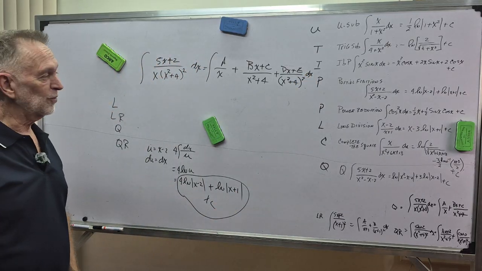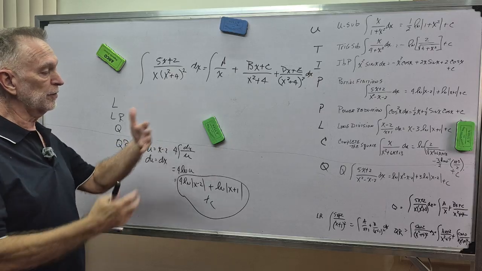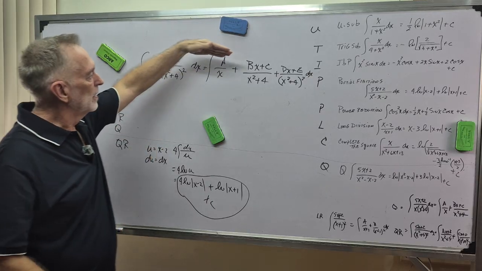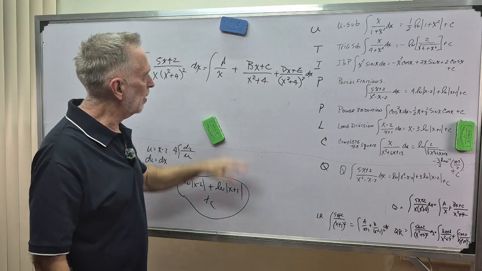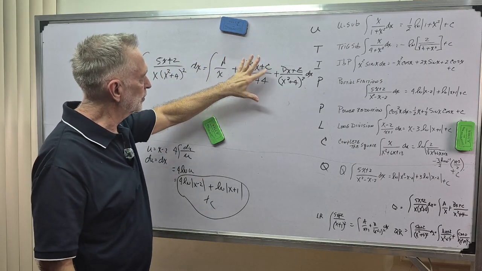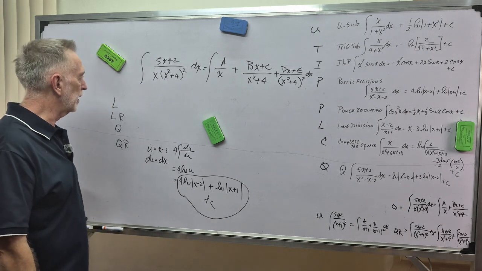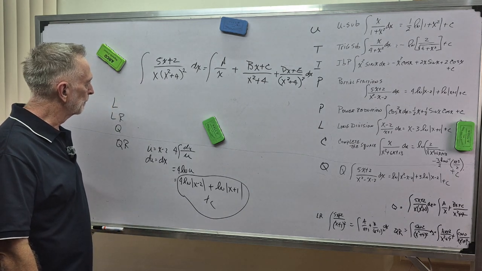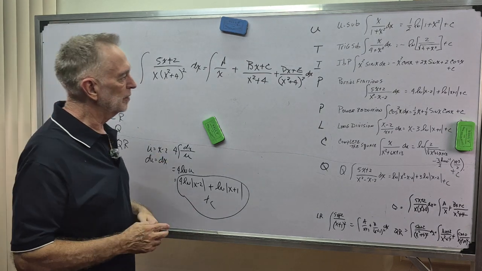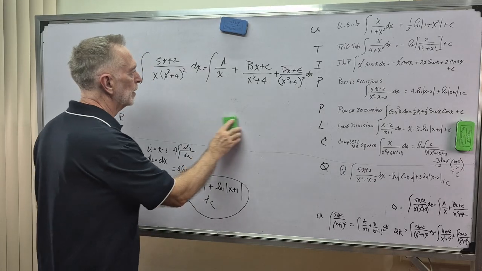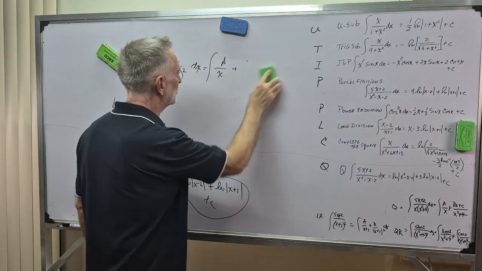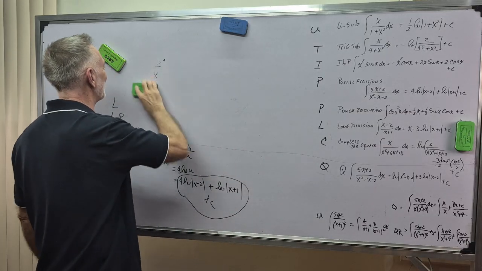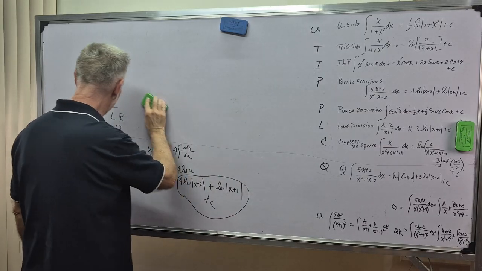That's how to handle the repeated. So the method for repeated is the same. What's different is what you have to put on the top, which is of a similar form as a quadratic. Okay, that's partial fractions. They're super helpful. When they get this large, try to look for a different way to solve that. Okay.